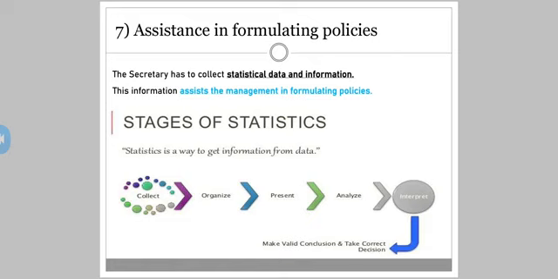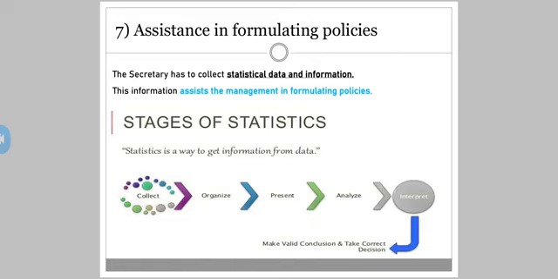The secretary has to collect all the numerical data and have proper information. Now this information assists the management in formulating policies. This information will help the management to form all the policies or the rules and regulations of the companies.